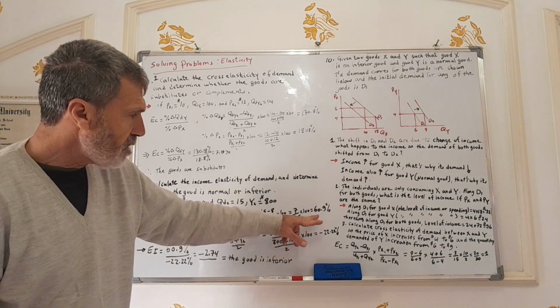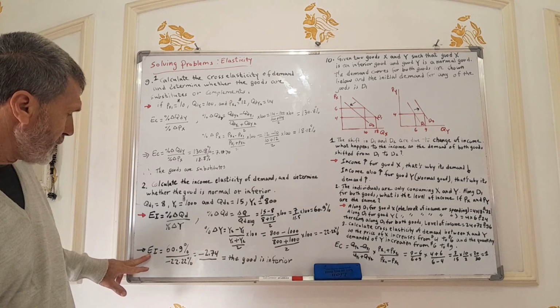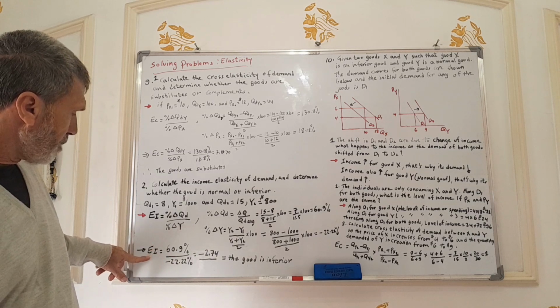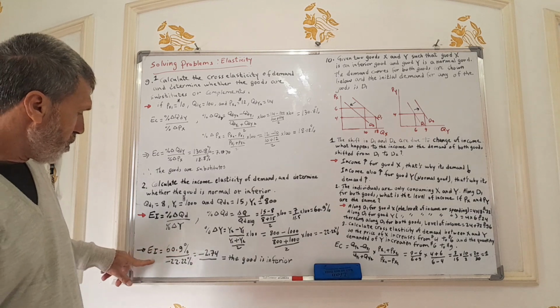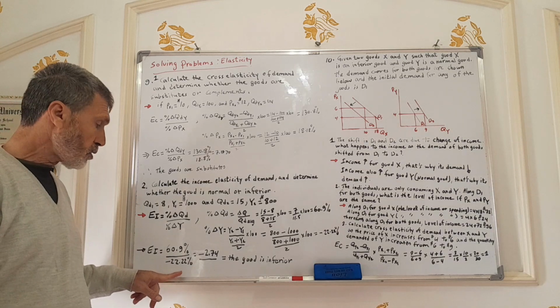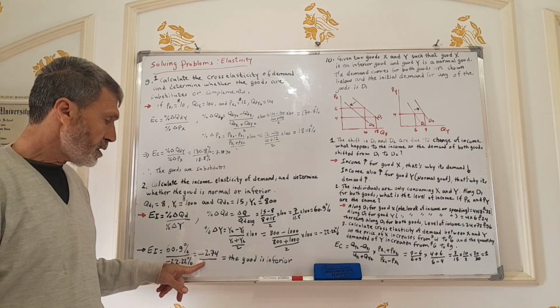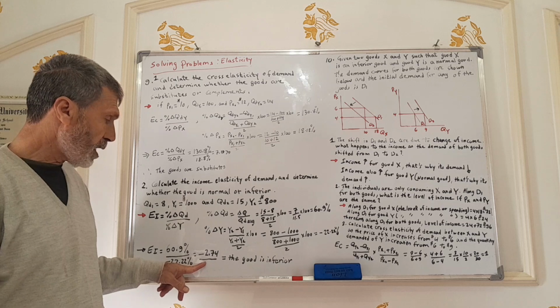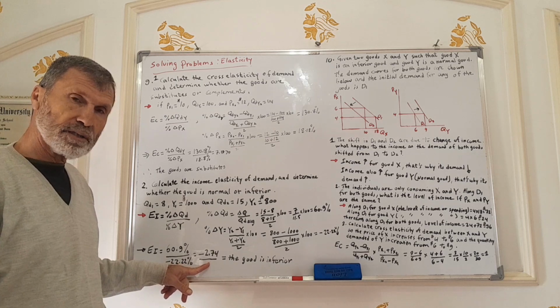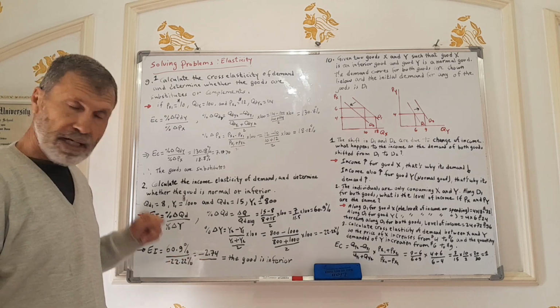We plug these values into the equation, as you can see here. So we get 60.9% over minus 22.22%, and the result is minus 2.74, which is negative.